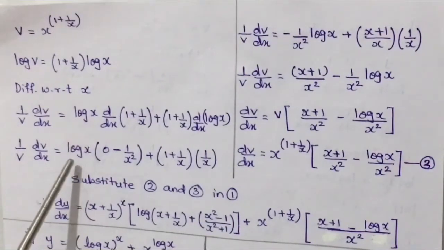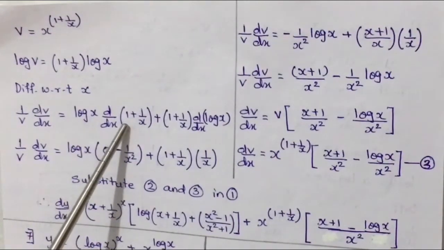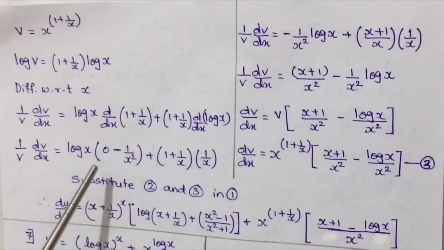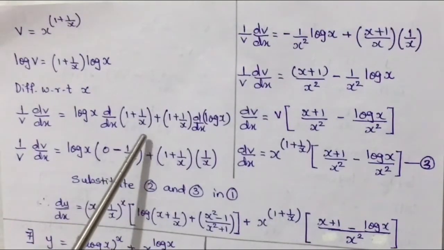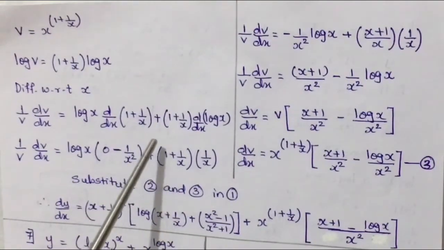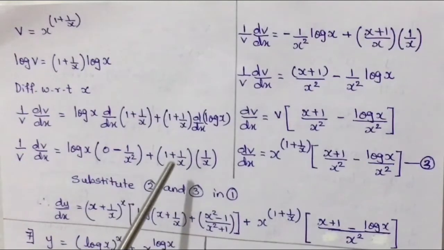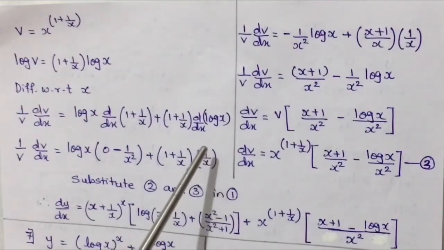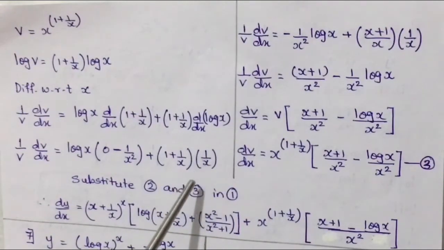Now log x remains as it is, derivative of 1 is 0 as it is constant. 1 by x derivative will be minus 1 by x square, standard derivative, plus (1 plus 1 by x) will remain as it is. Derivative of log x is 1 by x.